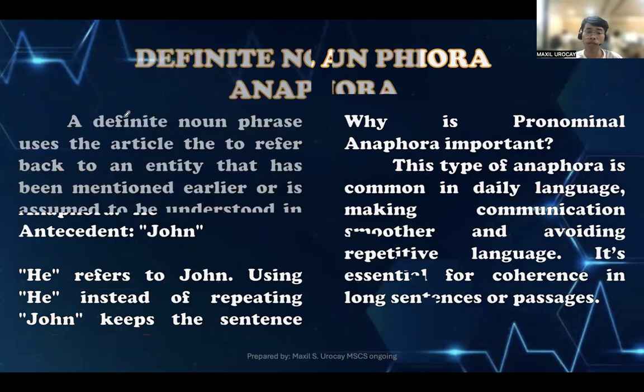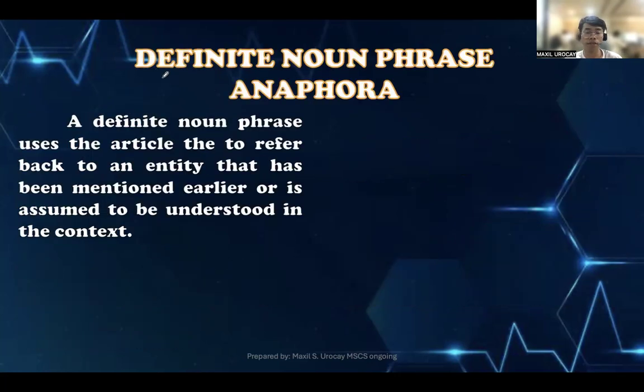In terms of another type, we have the definite noun phrase anaphora, which uses the article the to refer back to an entity that has been mentioned earlier or is assumed to be understood in the context.